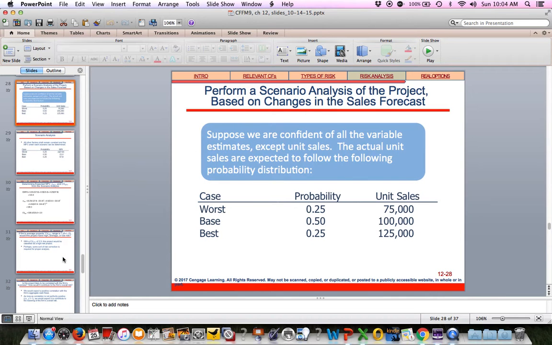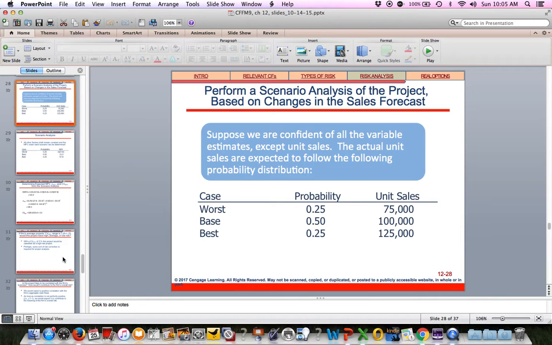It says here, perform a scenario analysis of the project based on changes in the sales forecast. Suppose we're confident that all variable estimates except unit sales are as expected, and actual unit sales are expected to follow the following probability distribution. This is actually a very common thing to do in finance. We went with 100,000 units, but how confident are we in the 100,000 units? Is there a chance that we'd sell less, or a chance we could sell more?